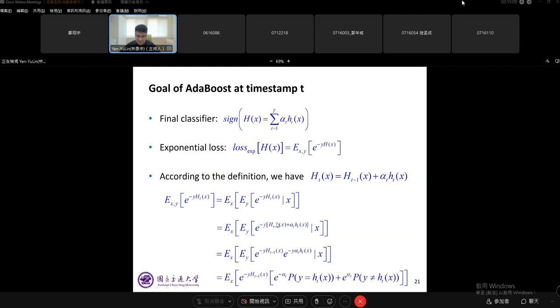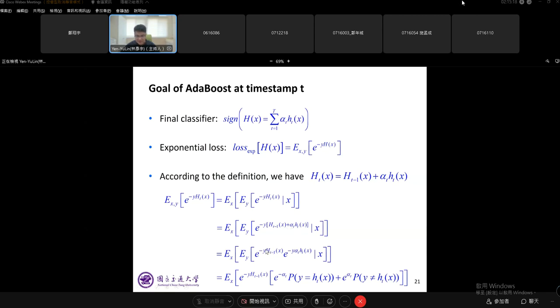So we can divide the strong classifier into two parts. The first part is fixed, and the second part is our target. This is an addition in the exponent.